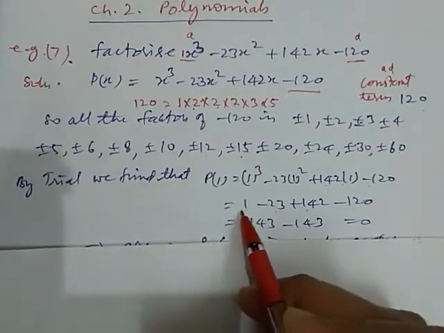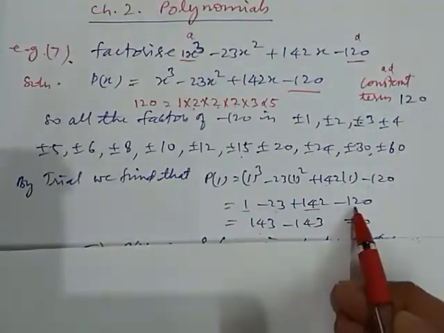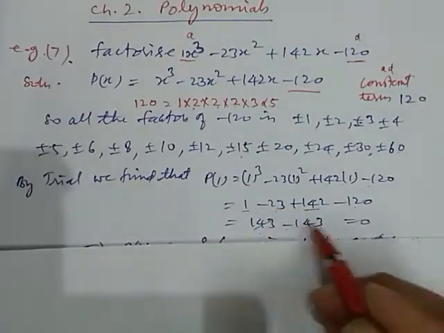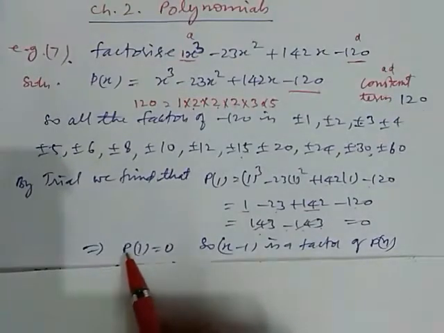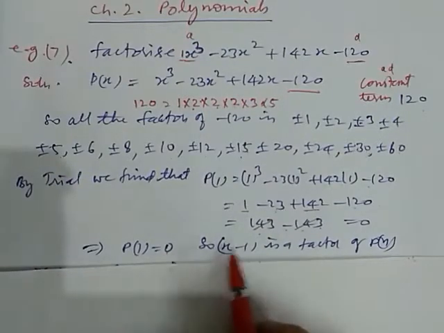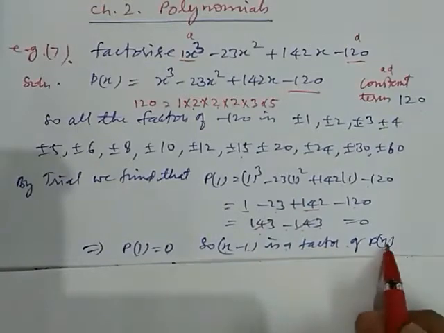So this positive total 143 and this negative term minus 143 cancel out, this becomes 0. So the value of the polynomial by putting x equal to 1 is 0. This indicates that x minus 1 is a factor of p(x).